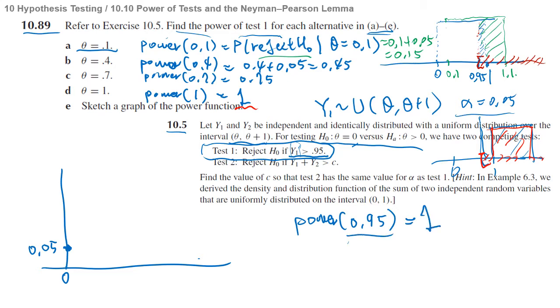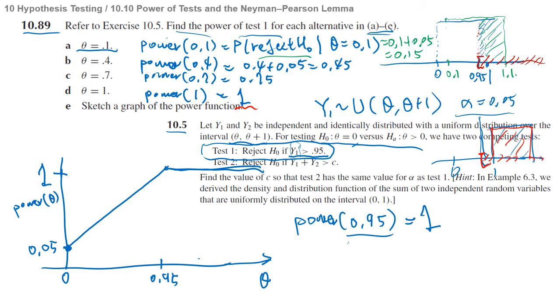Power is 1 here, so here is 0.95, and at 0.95 it reaches 1, and actually the relationship is linear. The area here is linearly increasing, so the shape is like this. So this axis is theta, and the y-axis is power of theta. Okay, so this is the power function graph.